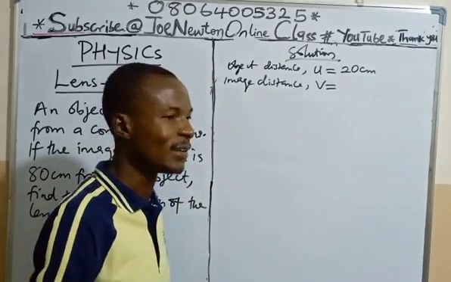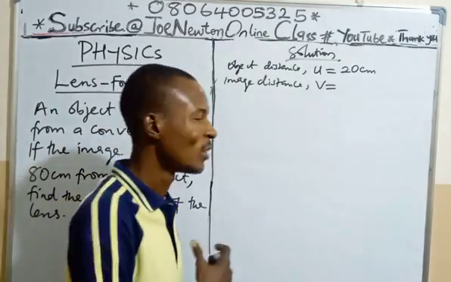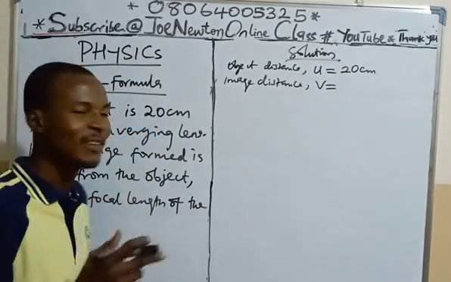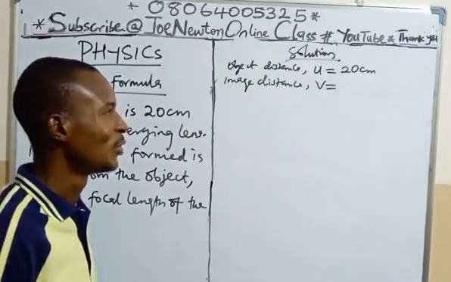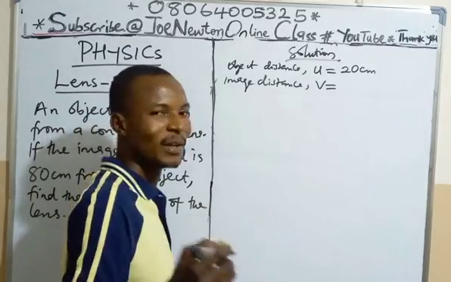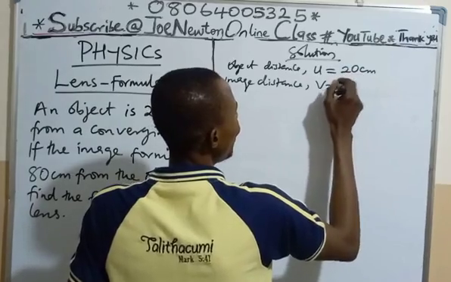But image distance is distance of the image from the lens. But look at this question, which is funny. The question says that the image is 80 cm from the object. So in other words, for us to get the image distance, we have to be careful here.